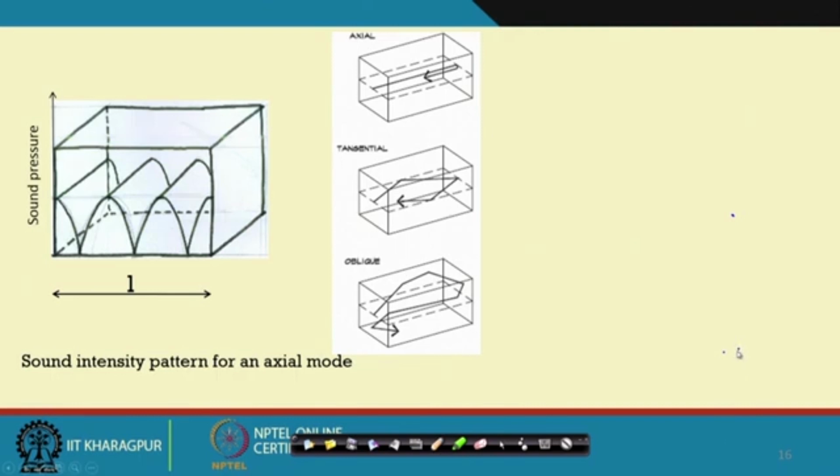So, this picture shows you how the sound pressure is actually high at this wall area. This is just taking one dimension L, that is in the axial direction. You are thinking that sound has been originated, and this is the sound pressure profile.